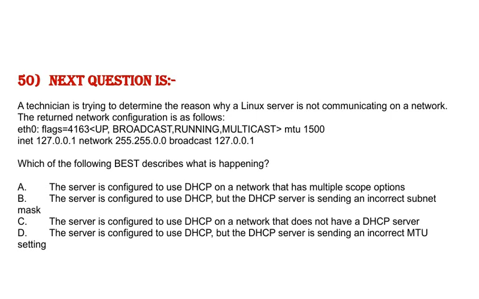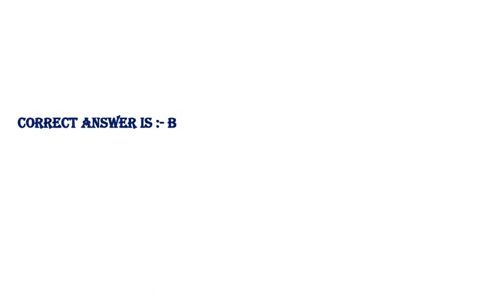Option B, the server is configured to use DHCP but the DHCP server is sending an incorrect subnet mask. Option C, the server is configured to use DHCP on a network that does not have a DHCP server. Option D, the server is configured to use DHCP but the DHCP server is sending an incorrect MTU setting. Correct answer is option B.